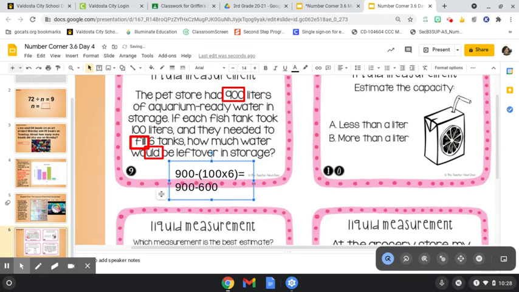And how much water would be left over? We would have 300 liters. And L is indicated for liters. Capital L, liters.